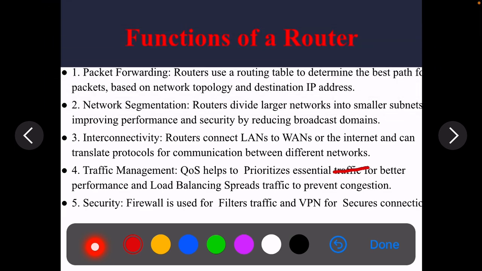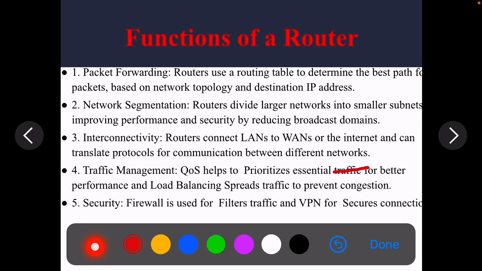And load balancing distributes traffic evenly across multiple paths or network links to optimize resources used and avoid congestion. So traffic management is done with the help of the router: quality of service prioritizes essential traffic, and load balancing spreads the traffic to prevent congestion.